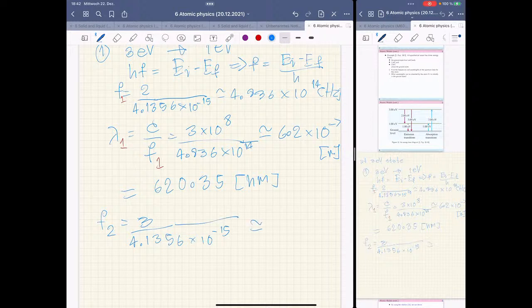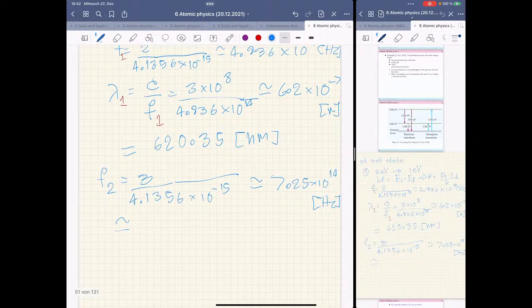If you put it into the calculator, number 3, yes, you will get 7.25 times 10 to 14 hertz.